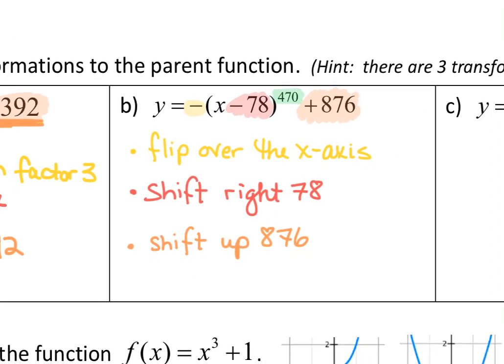And remember that I do expect that you use the words shift, flip, x-axis, and don't write plus or minus, but write up, right, down, left.